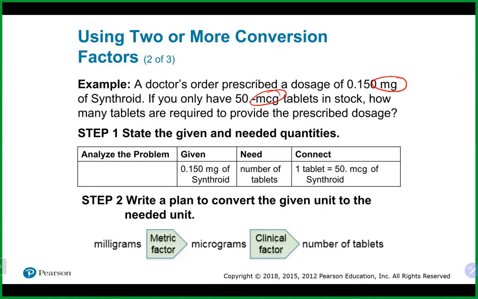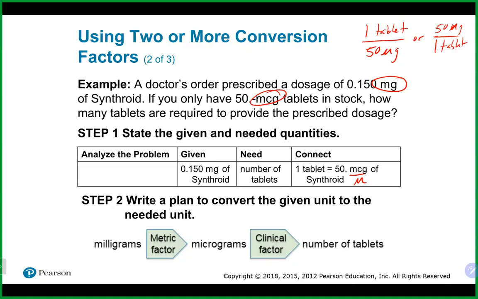As you see, 1 tablet is 50 micrograms, which would give us 1 tablet over 50 micrograms, or 50 micrograms over 1 tablet. And that's in micrograms there. So if we try to use our milligrams with that, it's not going to cancel out correctly.